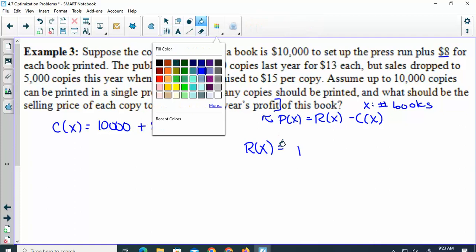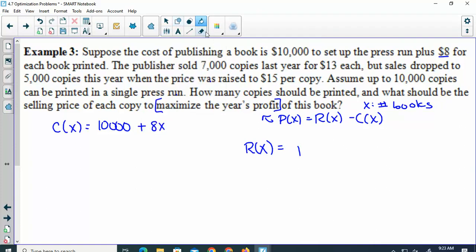So it's the number of books I sell times the price of each book. So I really need to find an equation for the price of my books. And then I'll be able to do that. Do we have any information about the price of our books? 7,000 copies when the price was $13.